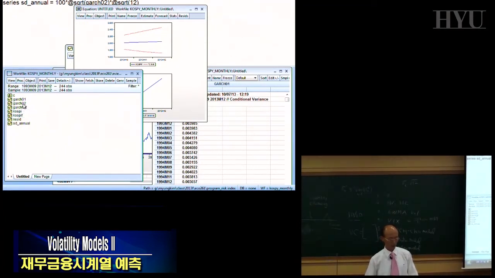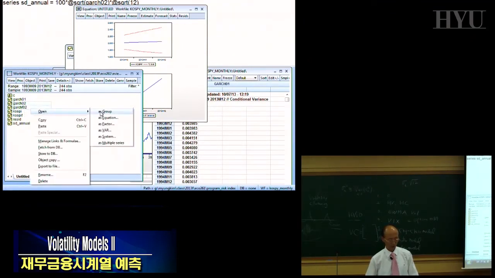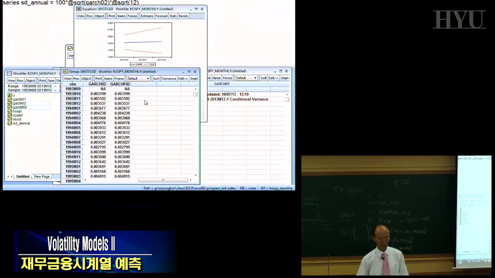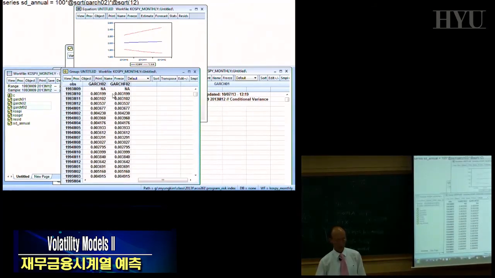Sorry, GARCH forecast at the same time first. So in sample, GARCH sigma t squared and this forecast are the same value, right? All the way up to September this year. Same number, right? And then these three are forecasts.